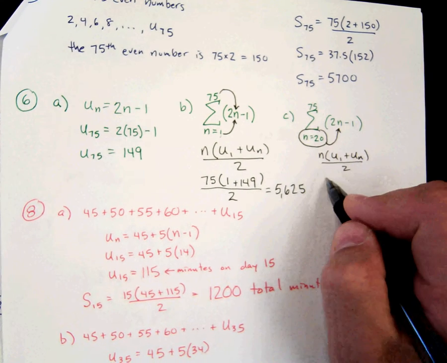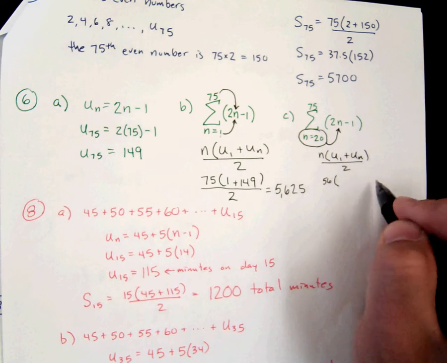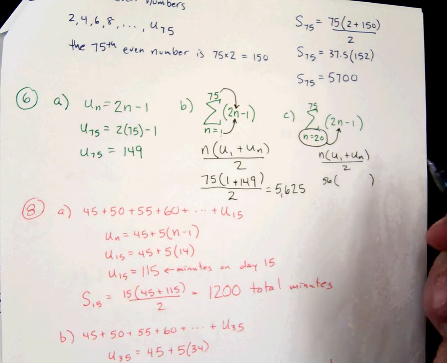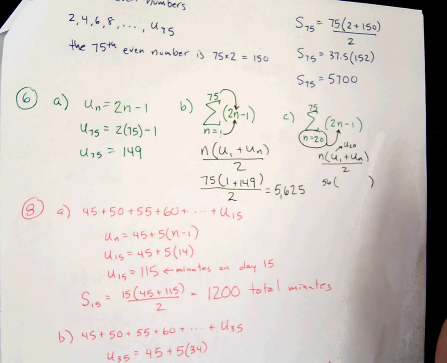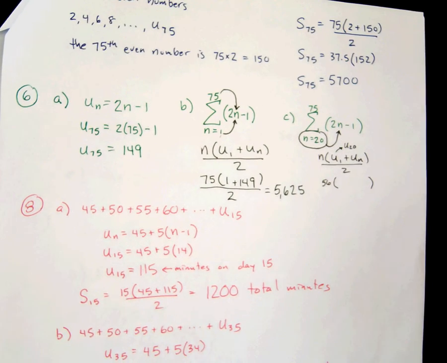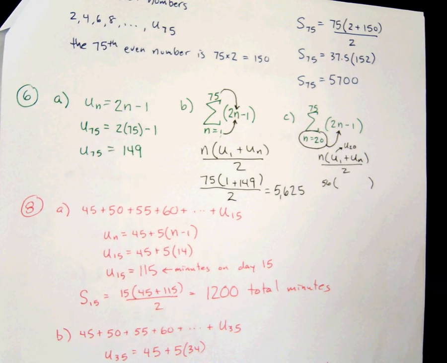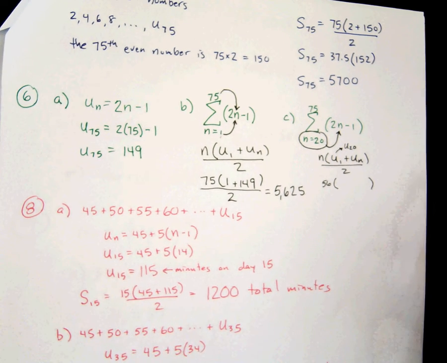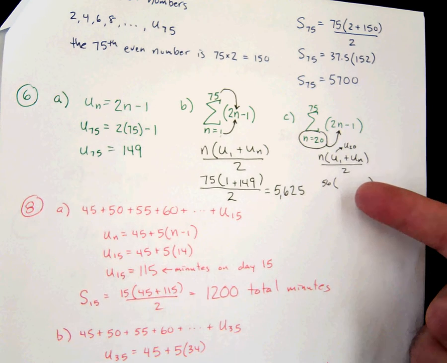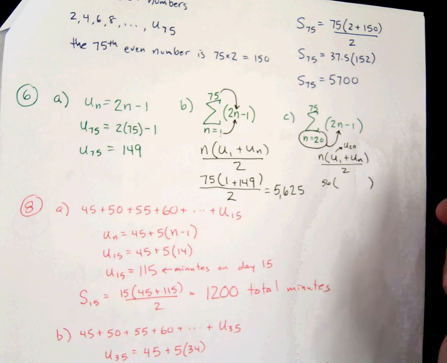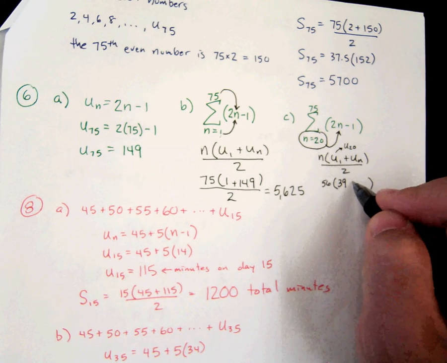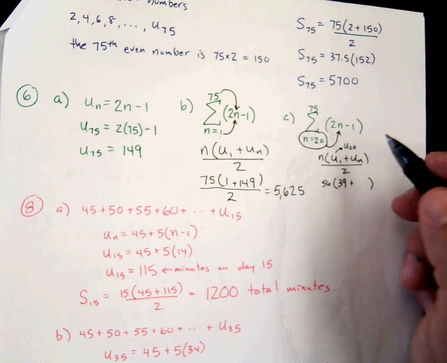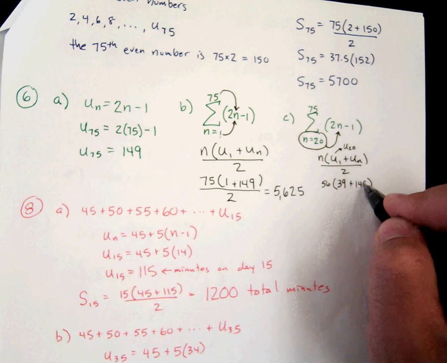So n is 56 terms. u1 is actually u20 for this problem, because we're starting with the 20th term. So now playing the role of u1 is u20 for this problem. So plug in 20, and you should get 39 for the first term. un is still u75, which was 149.